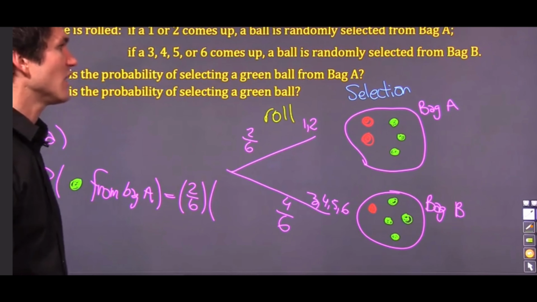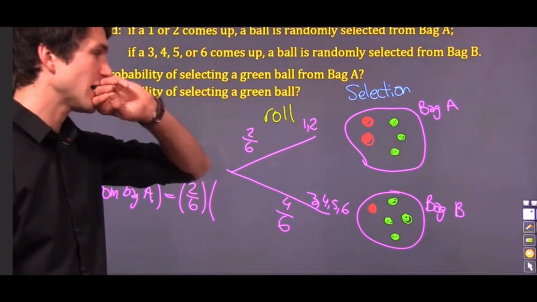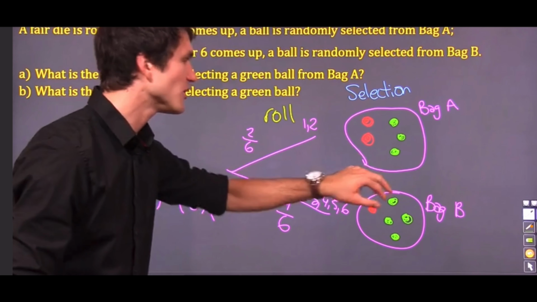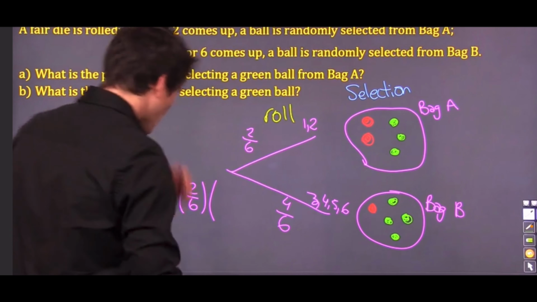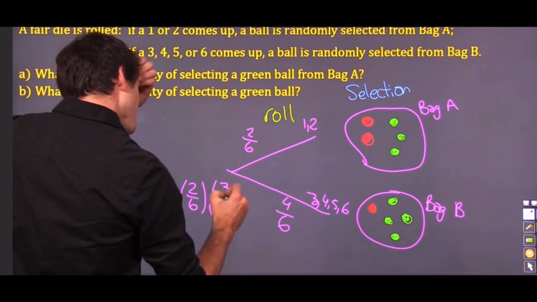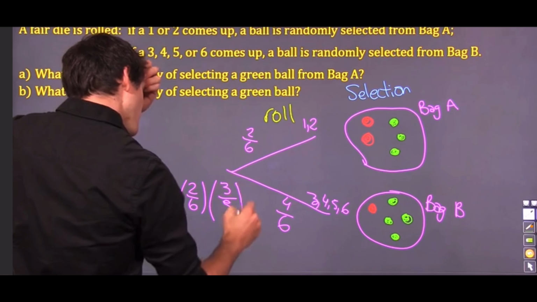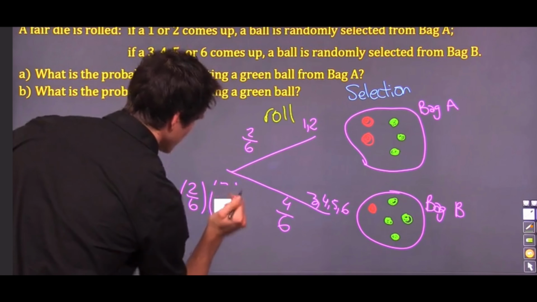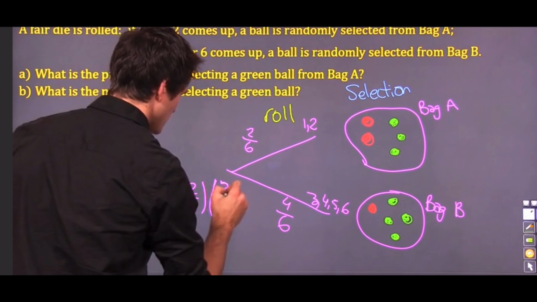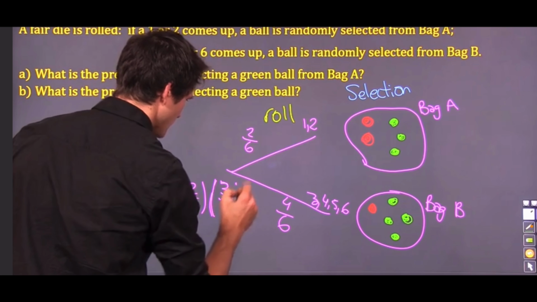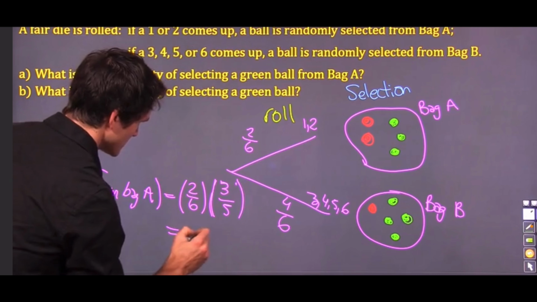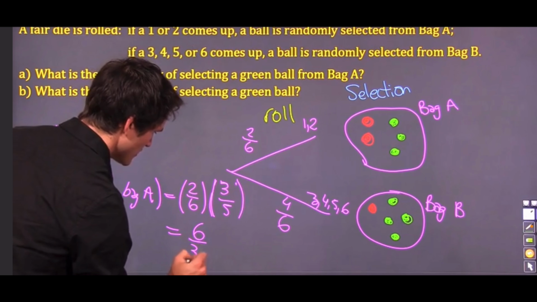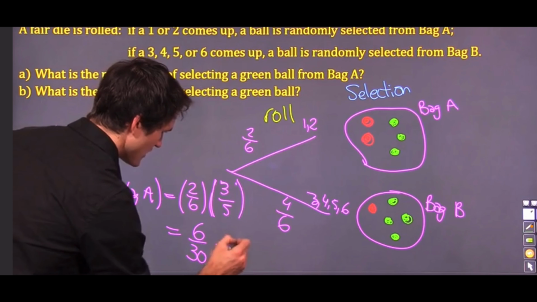Then I have to select a green ball from bag A. There are 3 green balls out of 5 balls in total, so the probability of selecting a green ball is 3 out of 5. Simple enough, right? So this equals 6 out of 30, which equals 1 out of 5.